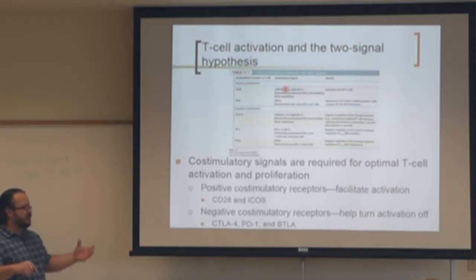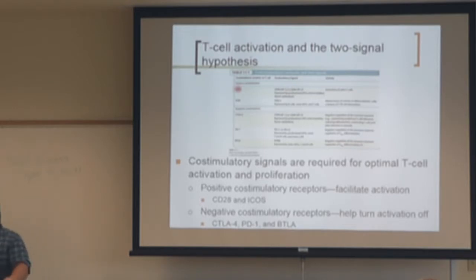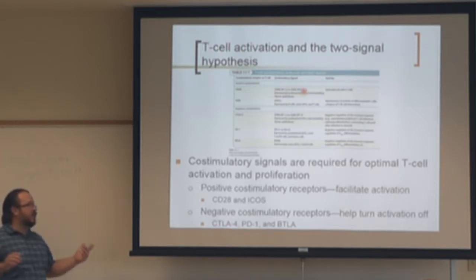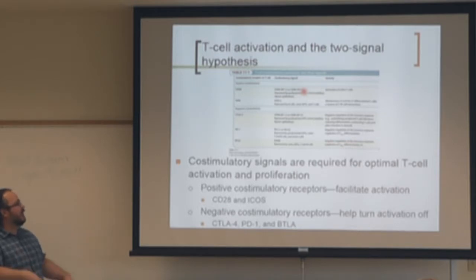So pathogen-associated molecules and damage-associated molecules will activate macrophages and B cells, and then they will upregulate. So dendritic cells constitutively have these co-stimulatory molecules, whereas B cells and macrophages are APCs as well, but they have to upregulate these molecules. But once they do, they can bind and stimulate.